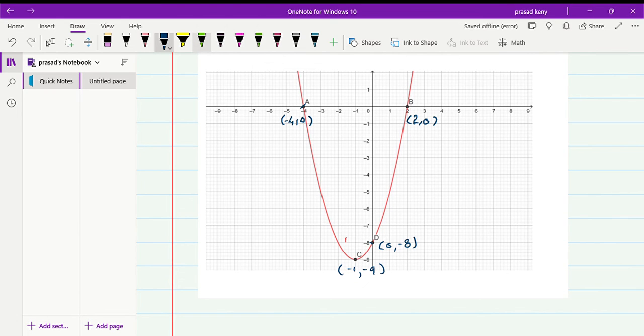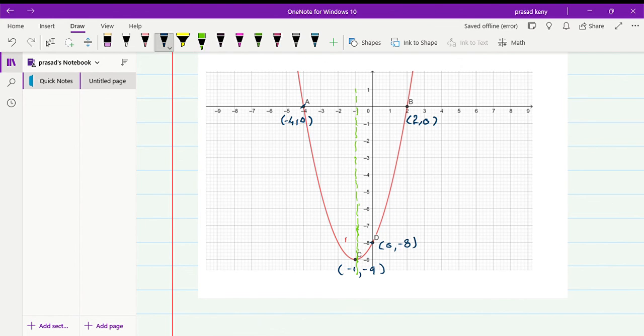Also, if I draw this line here, x is equal to negative 1, it is dividing the graph in two halves such that the left half is the mirror image of the right half, and so on.